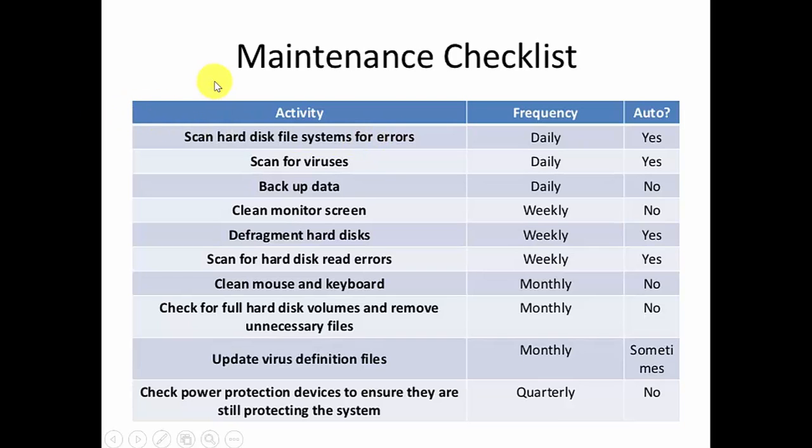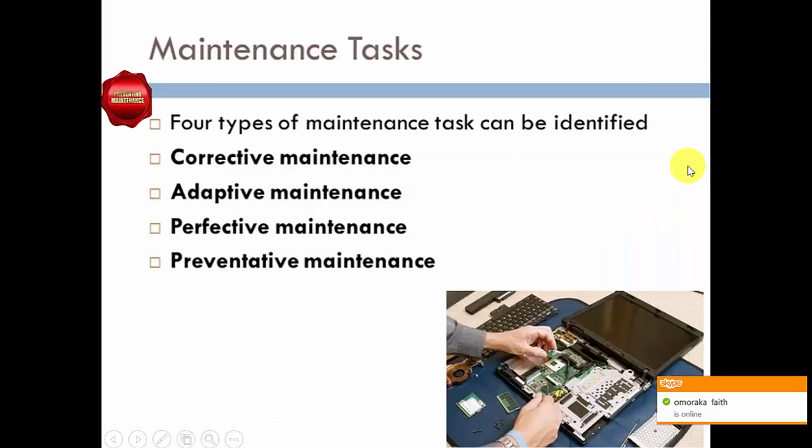You could see there various activities, frequency, and auto. So I'm going to take just a few of them. Scan hard disk file system for error. Frequency, daily, auto, yes. And the second one is scan for viruses. Daily and auto is yes. So I'm moving over to the next slide, which is maintenance tasks.